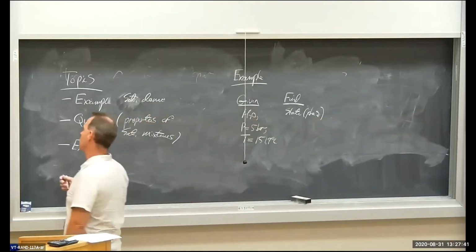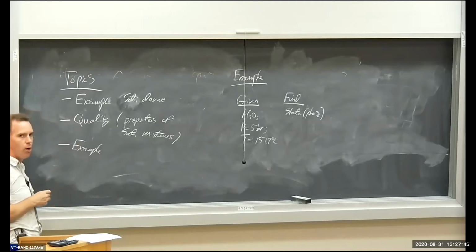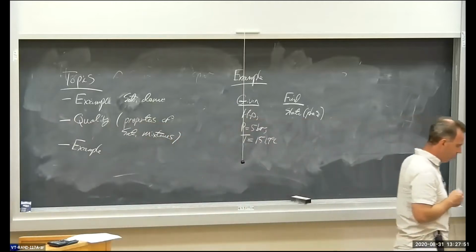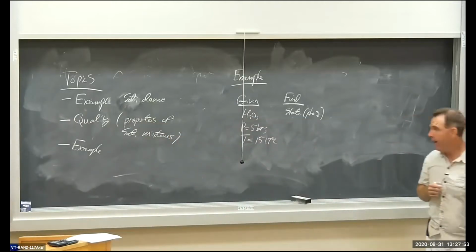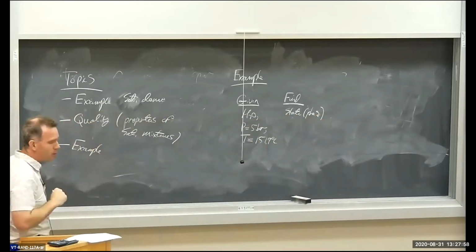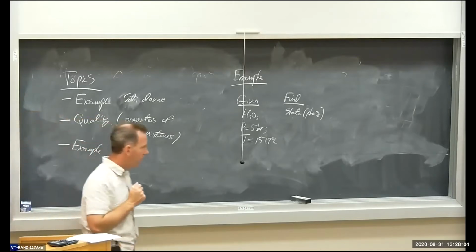How do we characterize the mixture? Well, we're going to introduce a quantity called quality, the quality of the mixture. We'll define that and derive an equation for it in due course, and then we'll do an example involving quality. So we're going to spend today on the saturation dome, and then look at calculating properties within the dome using quality. Okay?